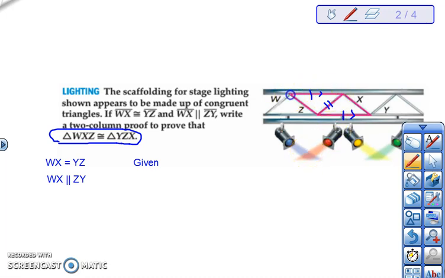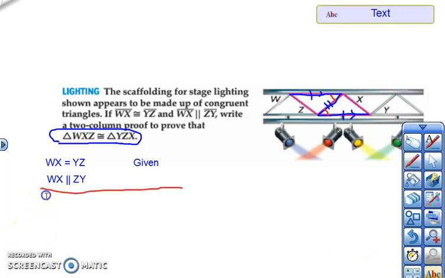Since we were given parallel lines, and we learned all those rules about parallel lines forming congruent angles, it's going to be easier to deal with the angle. So I notice I've got some alternate interior angles there, and we know that with parallel lines, our alternate interior angles must be congruent. So that's how we are going to get where we want to go.